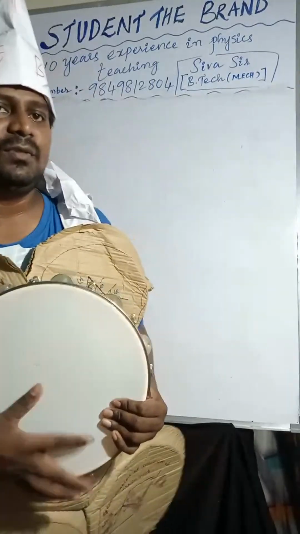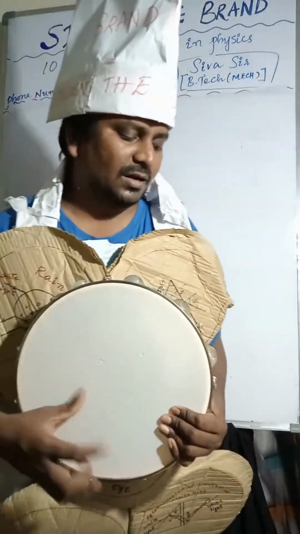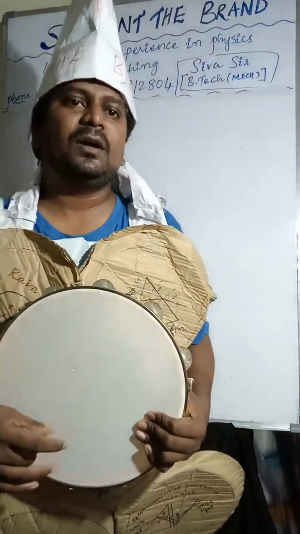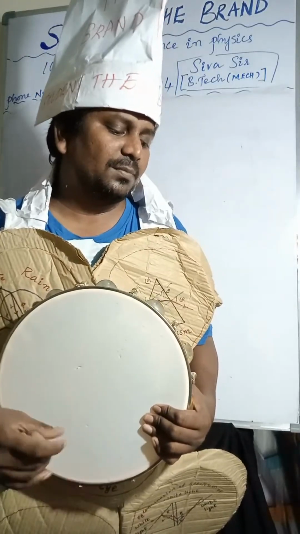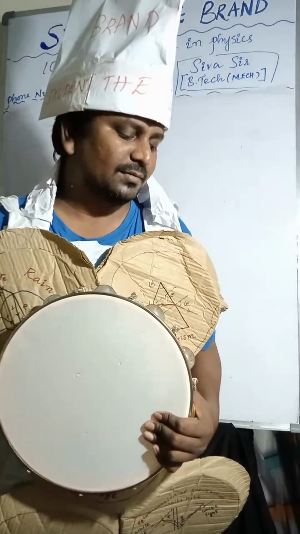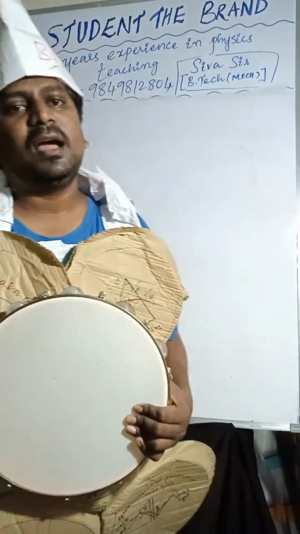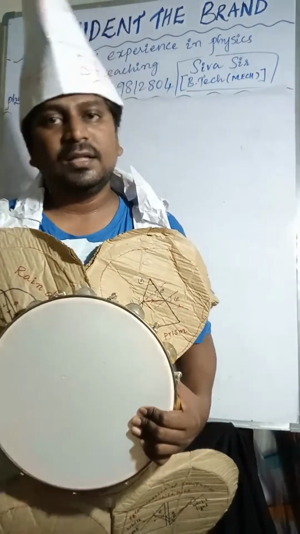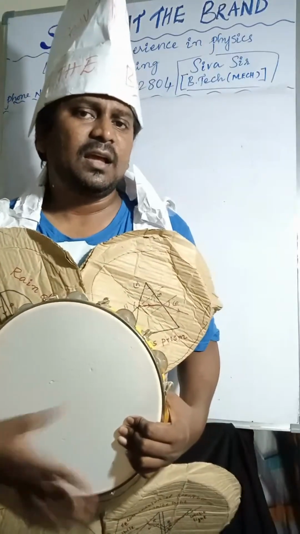For correction we are using a concave lens for myopia, where far distance cannot be seen. For hypermetropia, where near distance cannot be seen, correction uses a convex lens.